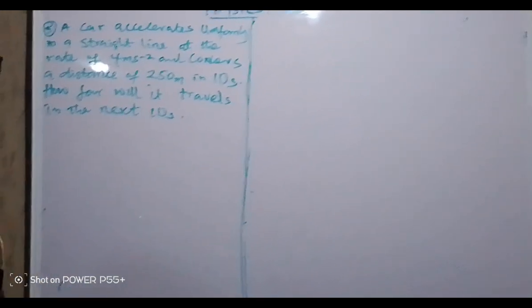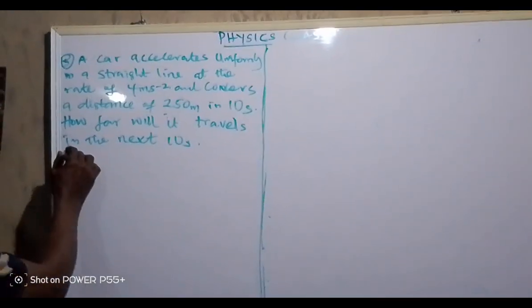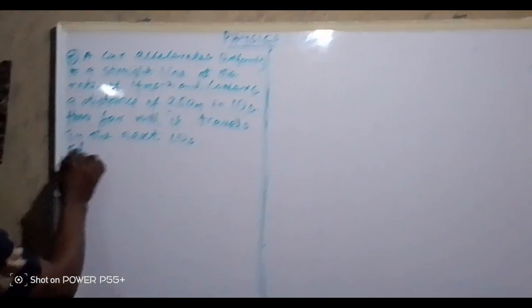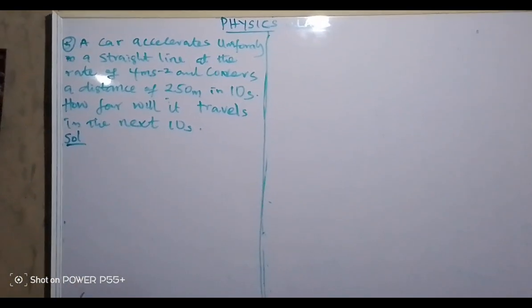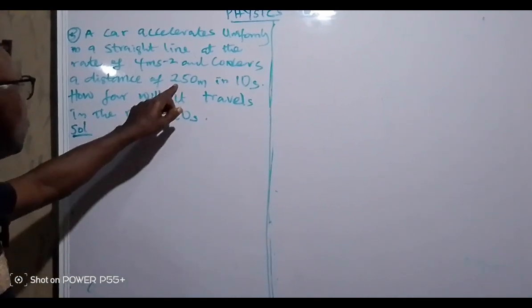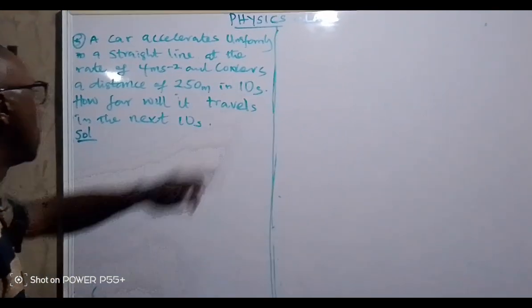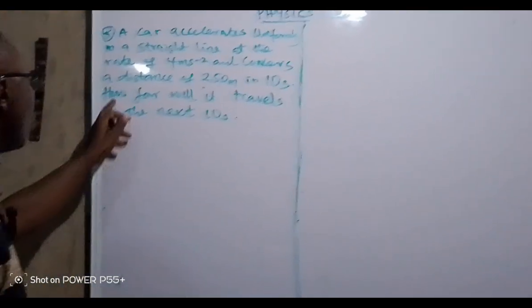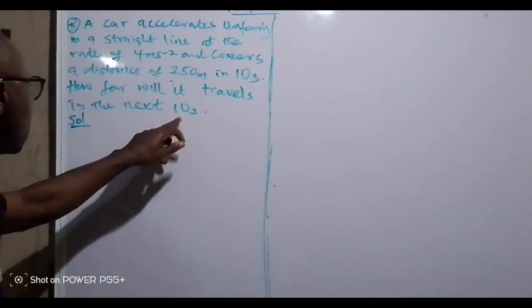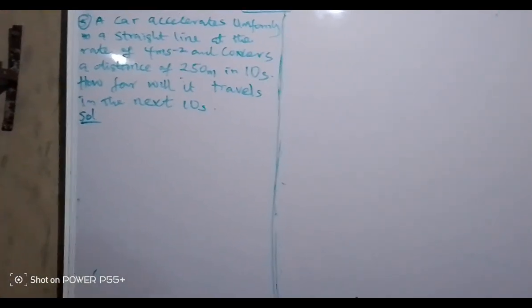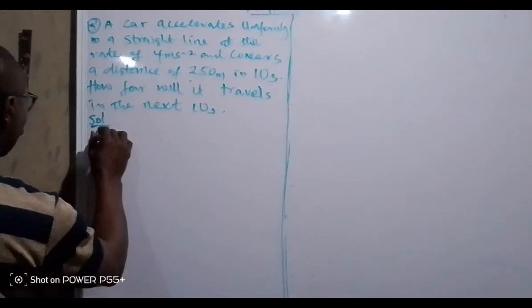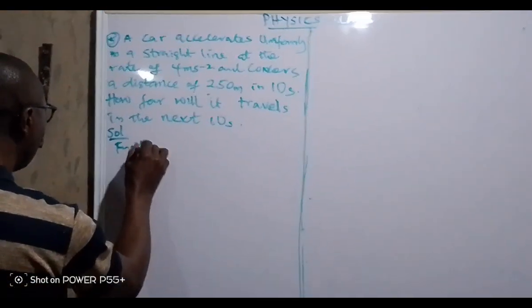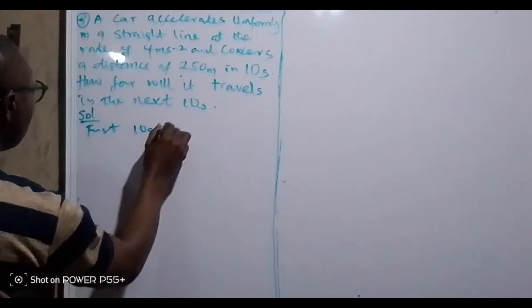Now, this question is divided into two parts. 250 meters in the first 10 seconds, and we have to calculate another distance in the next 10 seconds. Let's first calculate for the first 10 seconds now.